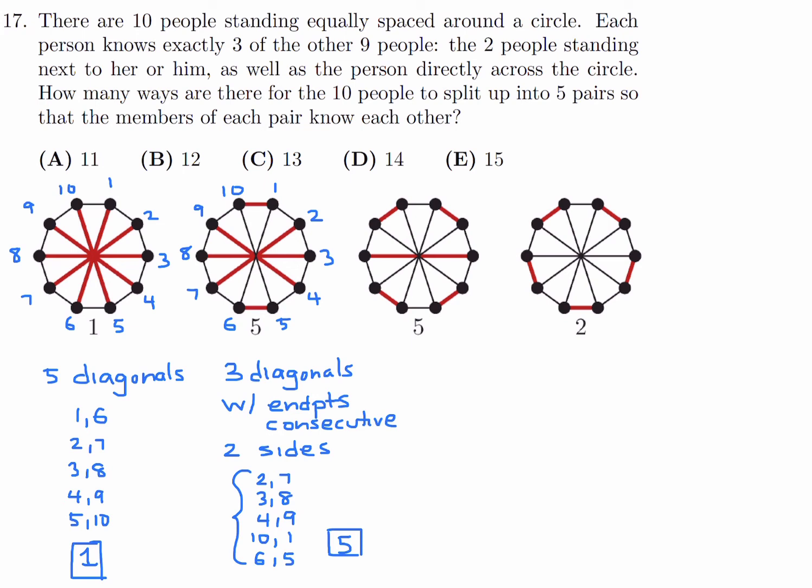The next scenario is the one next to it, obviously. And that one is as follows. Here we only have 1 diagonal, because if you use 2 diagonals, you won't be able to pair up people as directed by the question stem. So 1 diagonal is next, as this is clearly illustrating there.